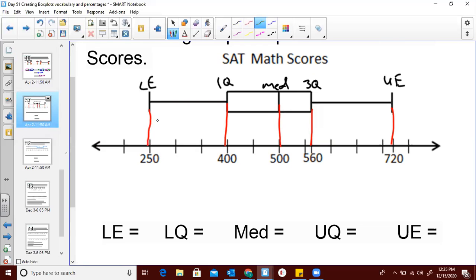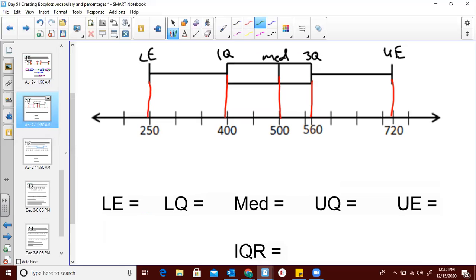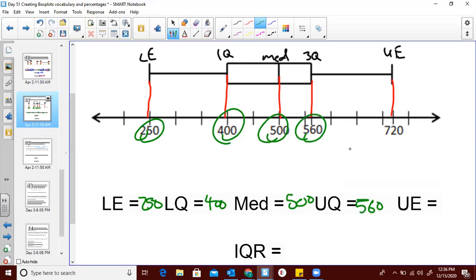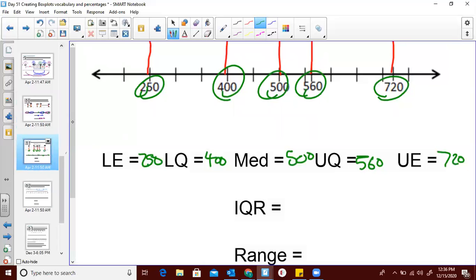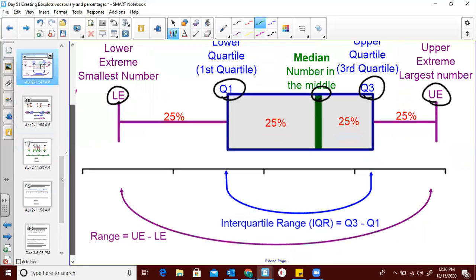All right, so what do we have? Lower extreme, 250. First quartile or lower quartile, 400. Median, 500. Third quartile or upper quartile, 560. And the upper extreme or largest number is 720. It's important to make sure you use this diagram.